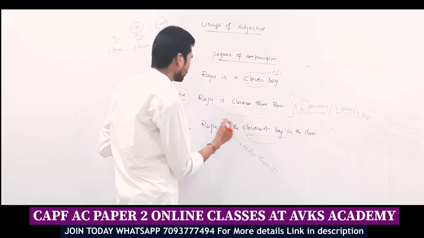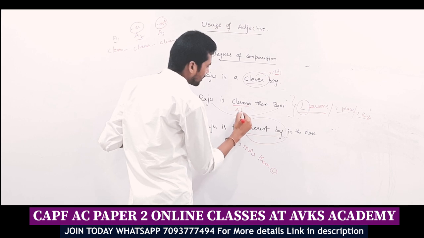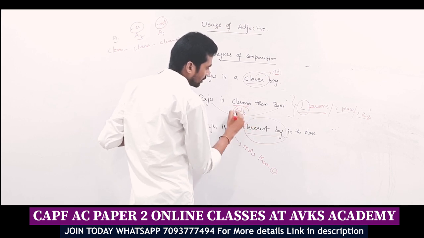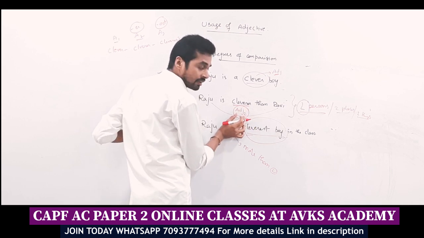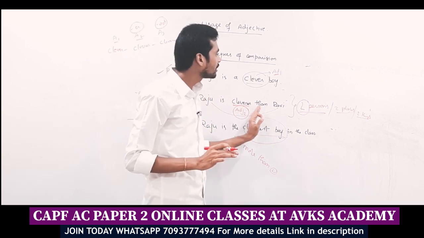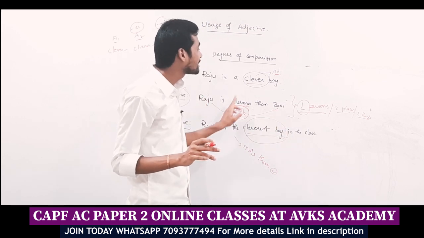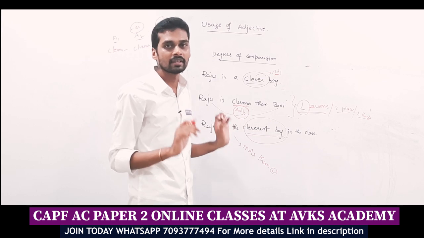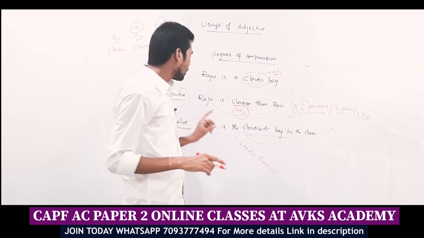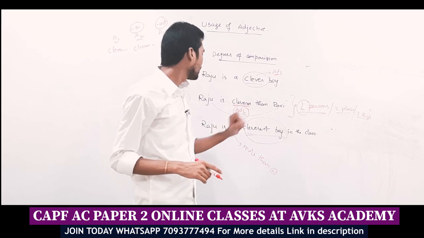And the second point you need to remember in the comparative degree is that whenever you say something in the comparative degree, we must use the adjective second form only. So you should not say, Raju is clever than Ravi. That's a wrong sentence. How would you say it? Raju is cleverer than Ravi.